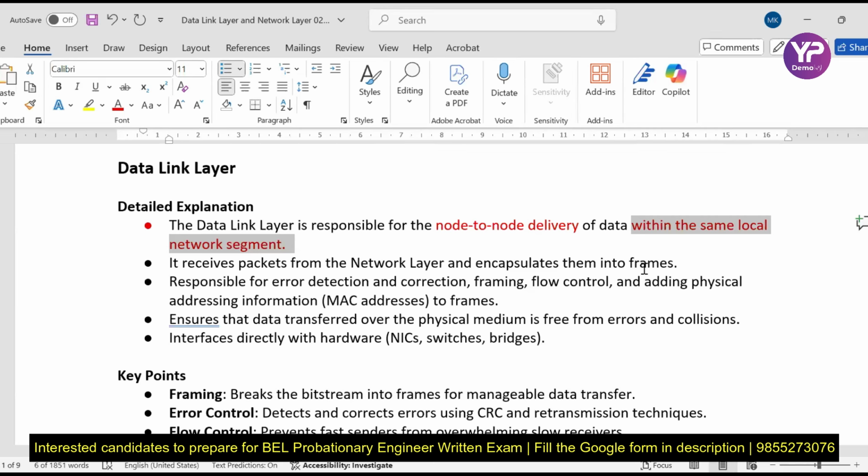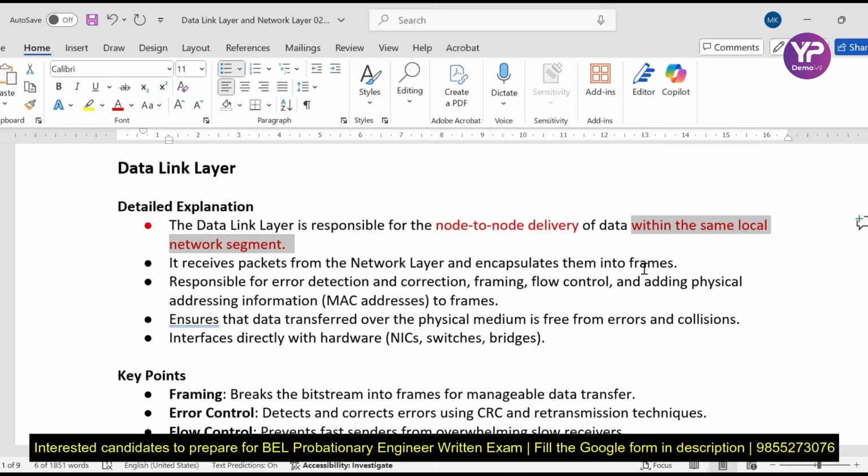It is responsible for error detection and correction. It means it detects the error, and also it corrects the error. Framing: dividing the large size data into small units, that is called a frame.